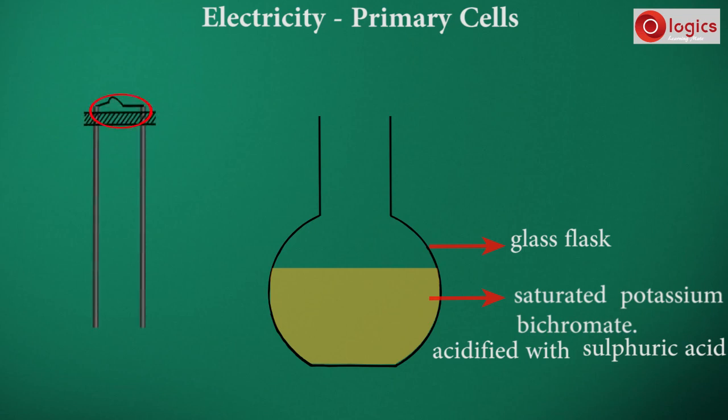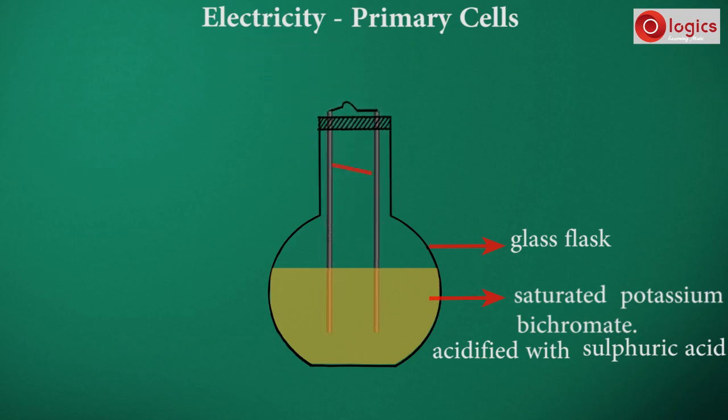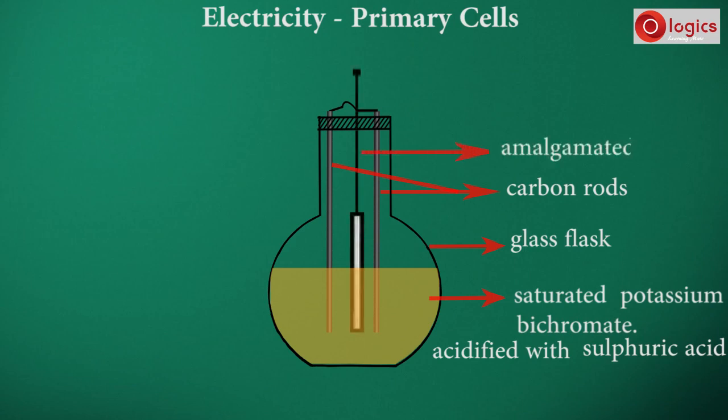Two interconnected carbon rods are fitted tightly in the flask with a cork. Between the two carbon rods, an amalgamated zinc rod is lowered, which can be pulled up from the bichromate solution whenever needed.